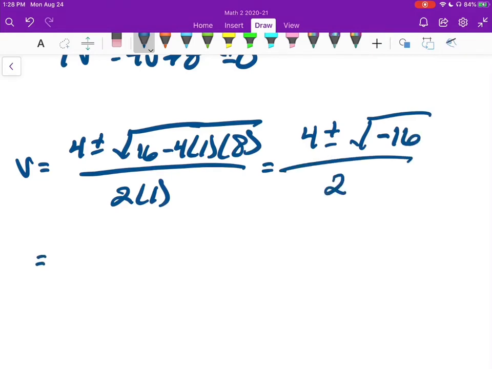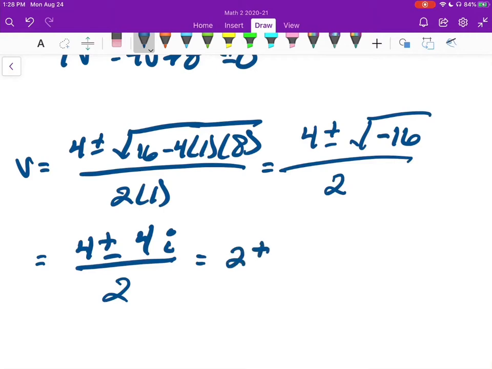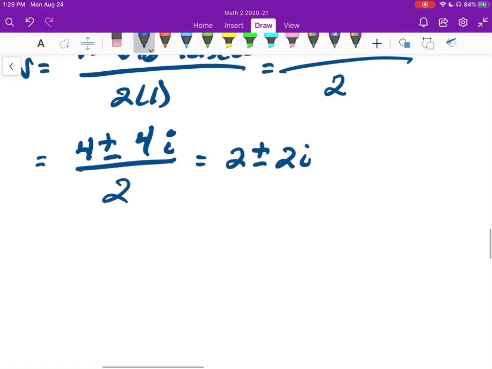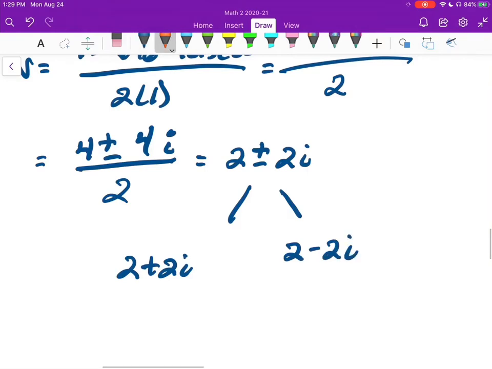Well, this is the same thing as 4 plus or minus, well, we have an i, and the square root of 16 is 4, so our root goes away completely, and then we have a 2 on bottom. Well, you can cancel the 4's and the 2, it's 2 plus or minus 2i. And if you wanted to, you could split this up into 2 plus 2i and 2 minus 2i, but I'm okay with it staying right like that.